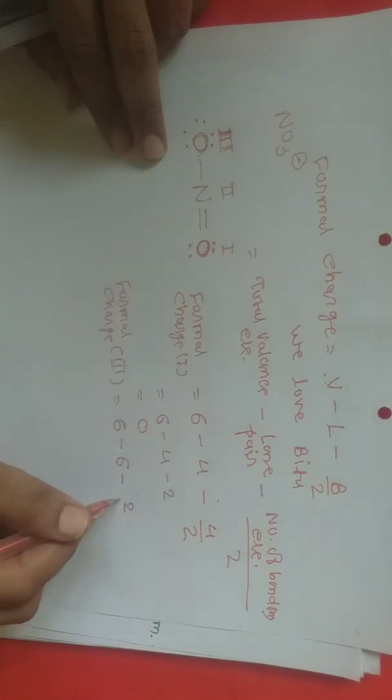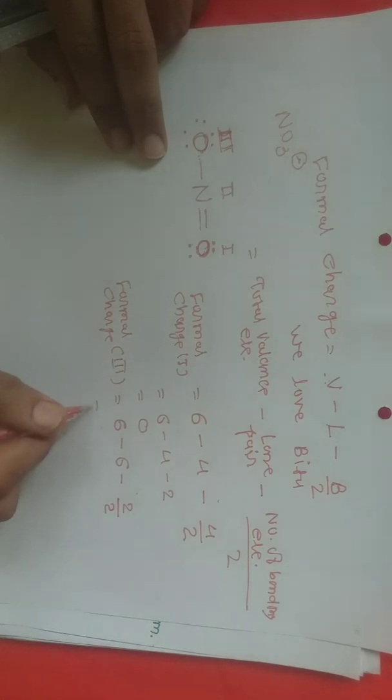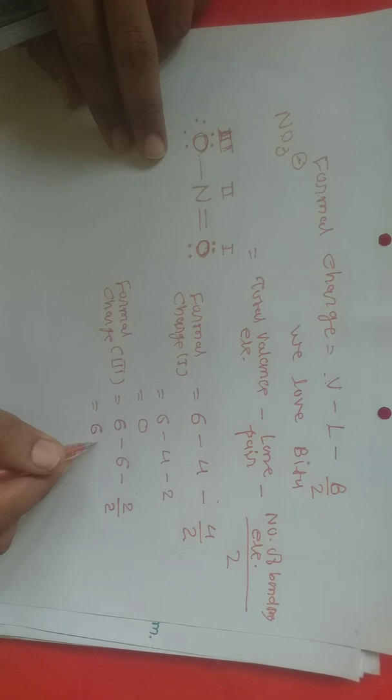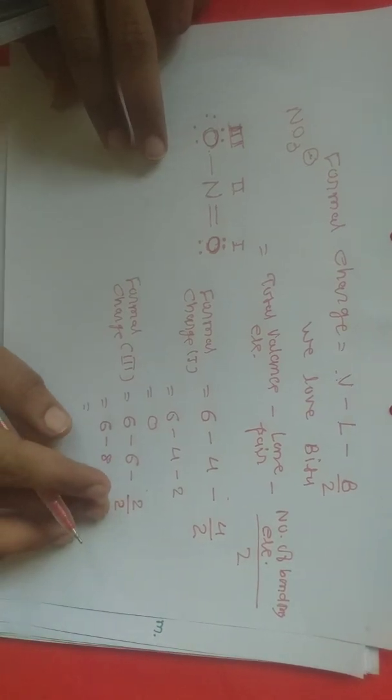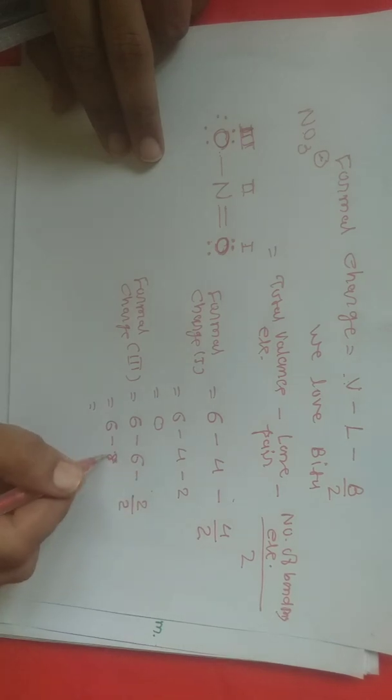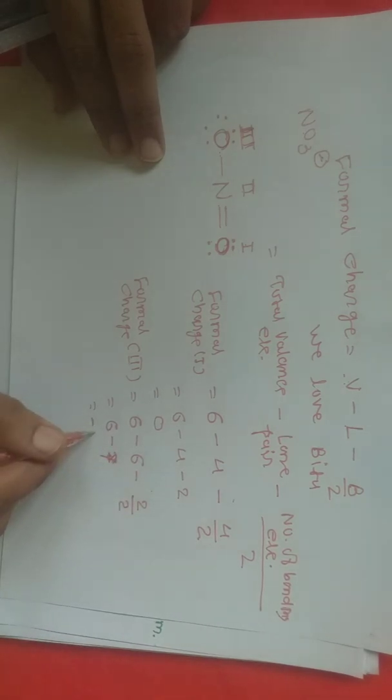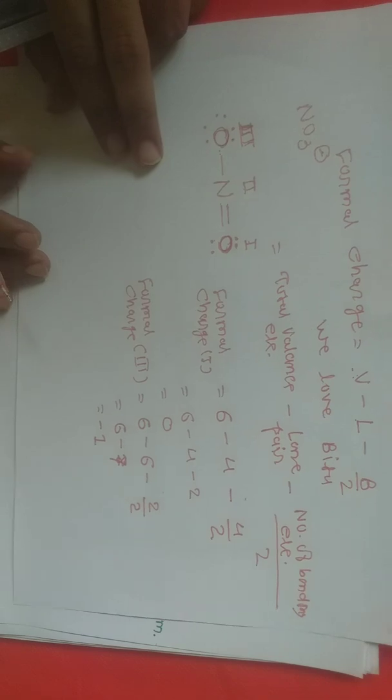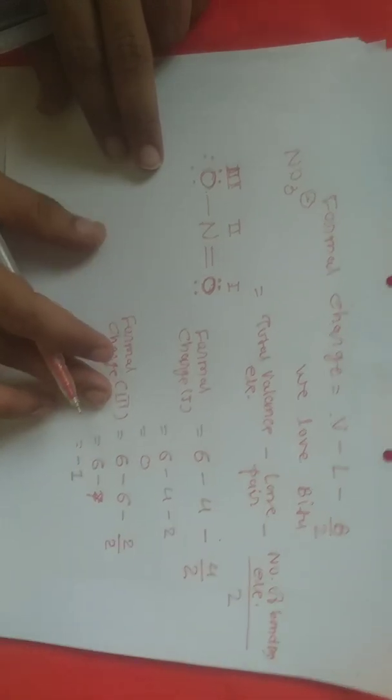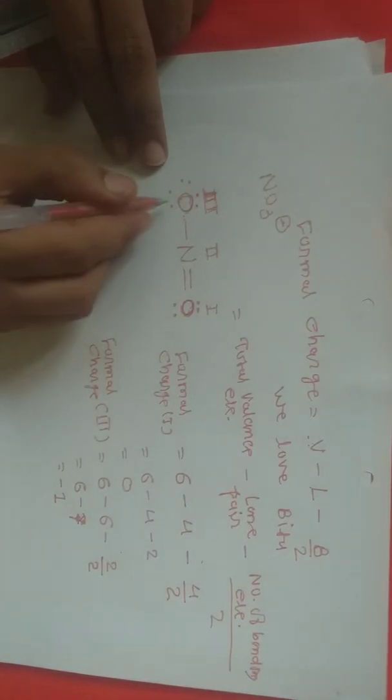So I will write 2 by 2. Right? So my formula gives me 6 minus 7, that is equal to minus 1. So my third atom, that is this oxygen, has a charge of minus.